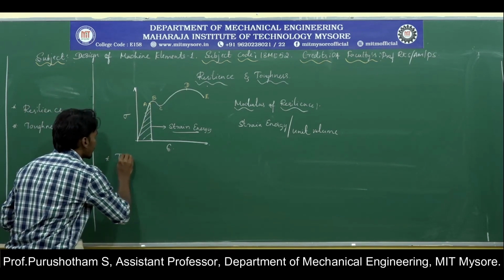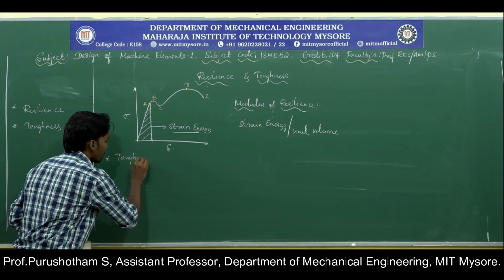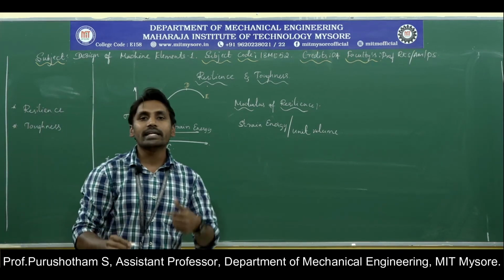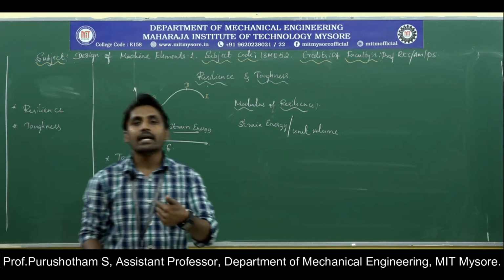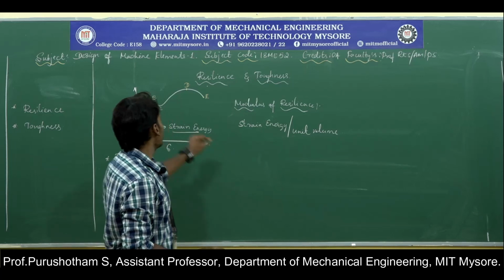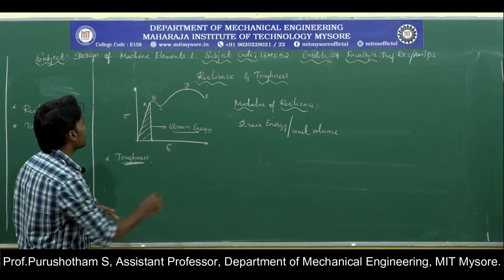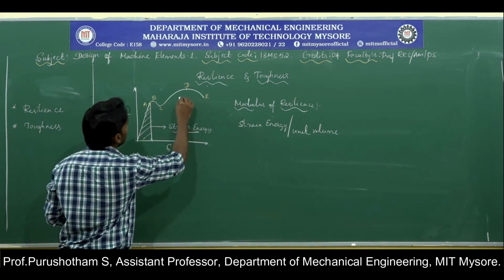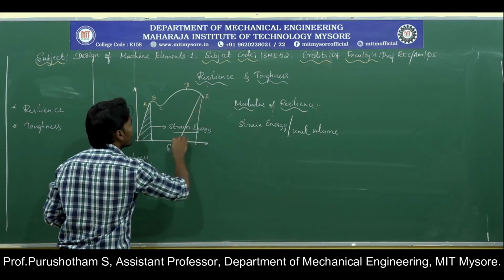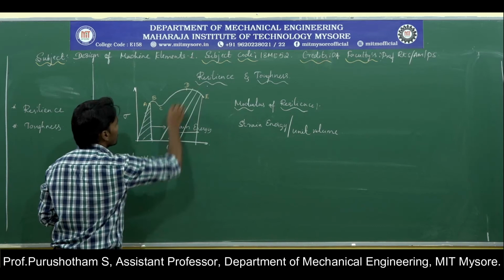Then moving on to toughness, which is also the ability of the material to absorb energy, including plastic deformation, up to the fracture limit. That means we take the energy absorbed up to this fracture point.